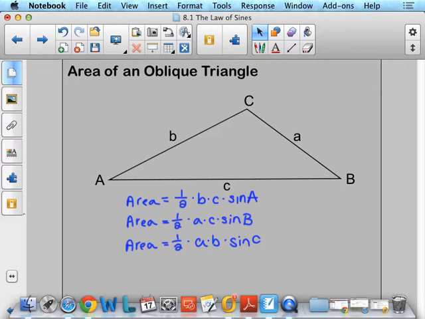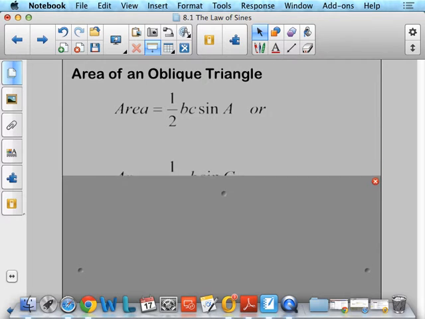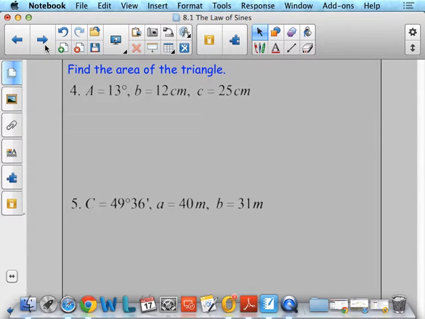Okay, we're only going to do one of these examples. All right, so we're going to do example number 4 only. Okay, so it says find the area. So capital A is 13, lowercase b is 12, lowercase c is 25.